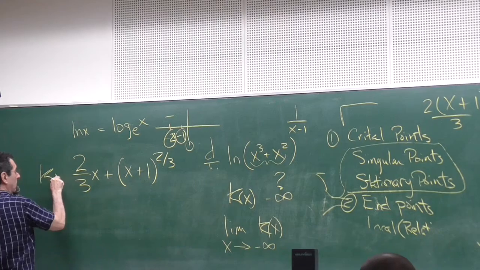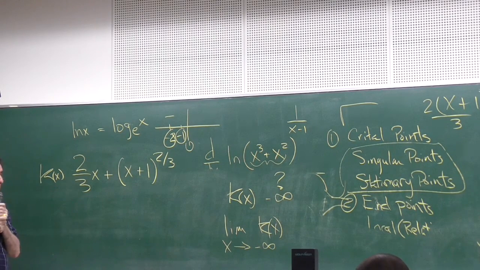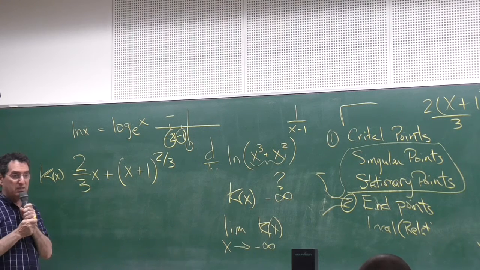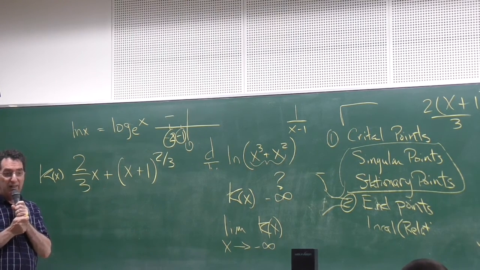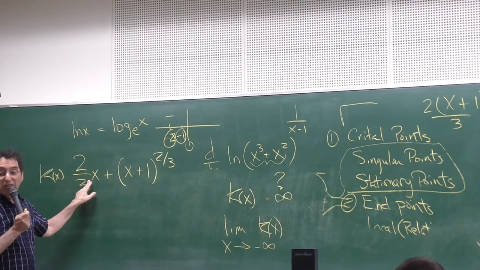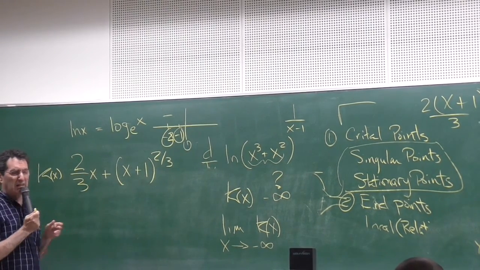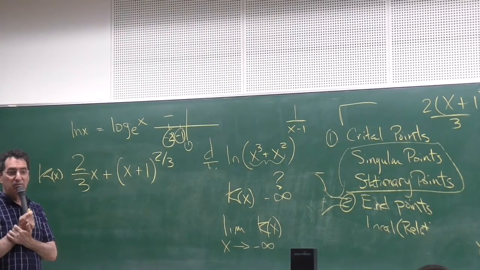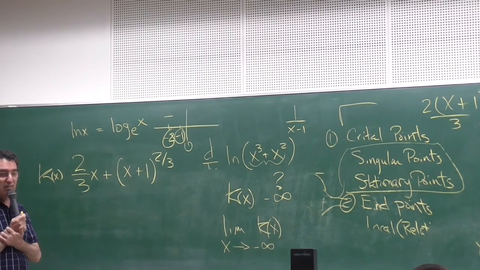This is the K. So can we think about what happens to this as x gets larger and larger in the negative direction? So this goes to negative infinity, right? That goes to negative infinity. What about this? That's interesting, right? What happens to that?